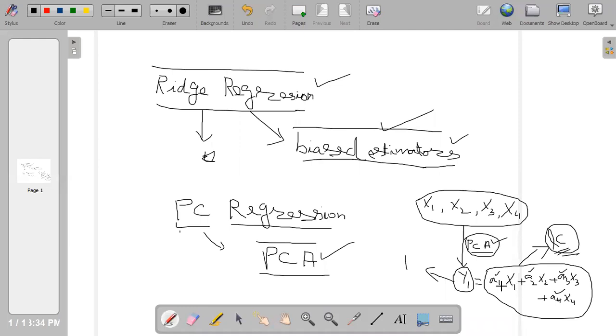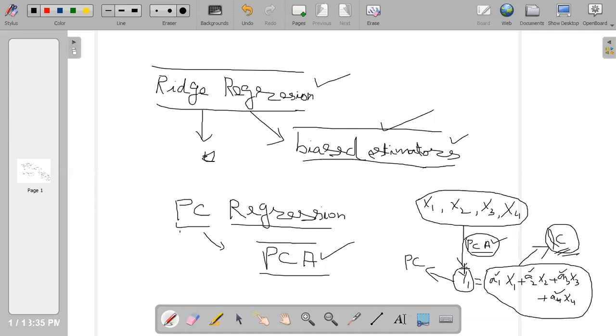And once you know these constants, you can combine these four variables into one new variable. Then the idea is that in the original econometric model in which these four variables were appearing, you replace them by this one new variable, which we call the PC. PC stands for principal component.